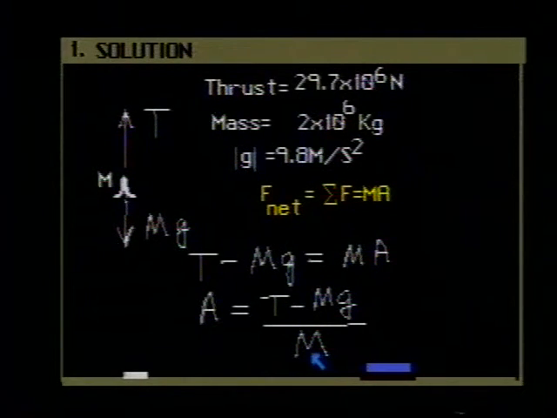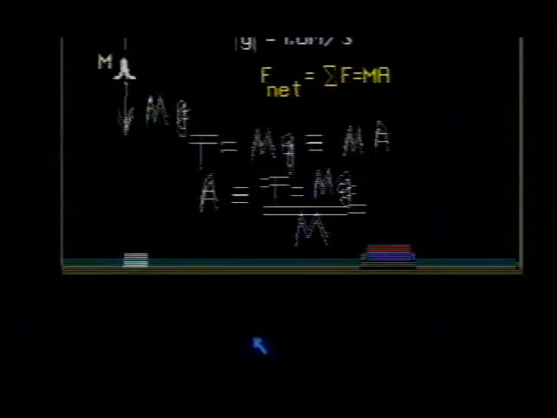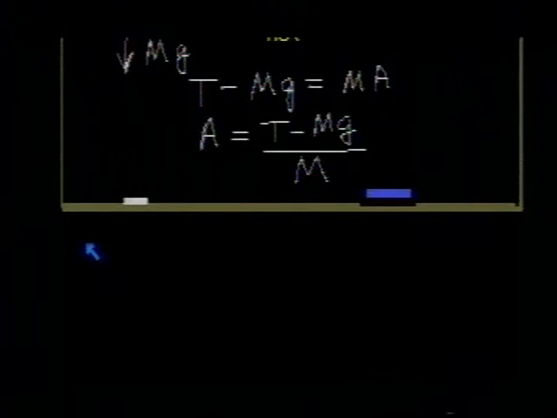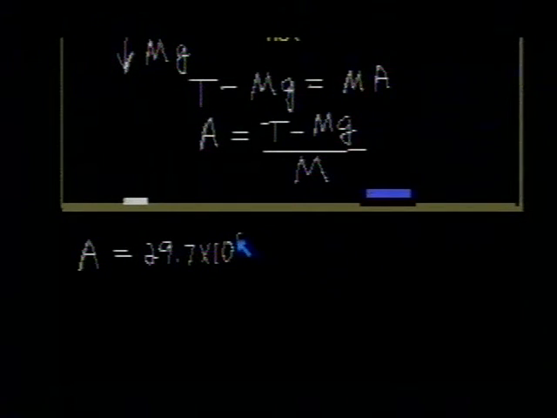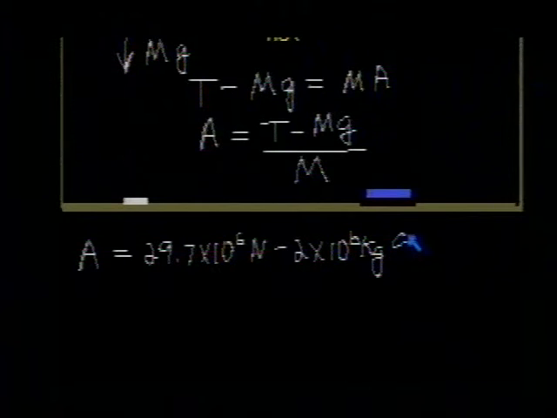And if we plug in some values for our quantities, we have then that a is equal to T, which is 29.7 times 10 to the 6th newtons, minus m, 2 times 10 to the 6th kilograms, times the magnitude of the acceleration of gravity, 9.8 meters per second per second.